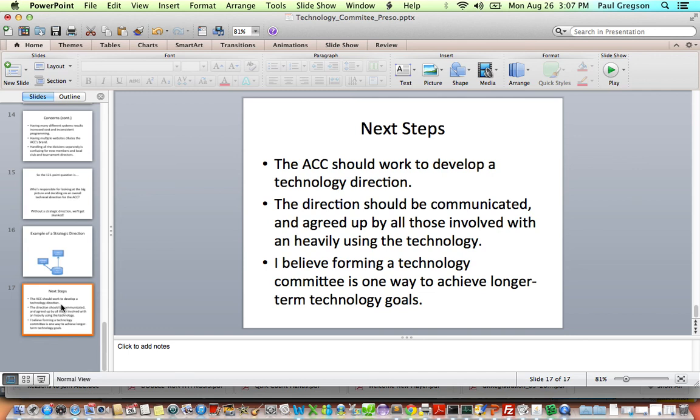ACC webmaster, grassroots programmer, membership secretary, national statistician, internet statistician, grassroots national statistician.